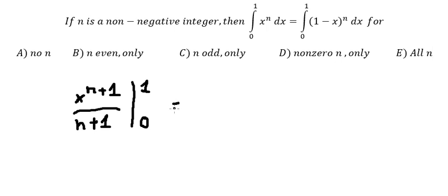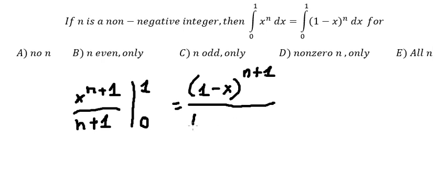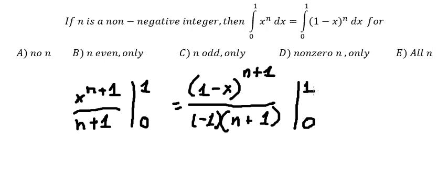This one, we know that we have negative 1, so we have 1 minus x to the power of n plus 1 over negative 1, and we have n plus 1. So we put the bounds from 0 to 1.